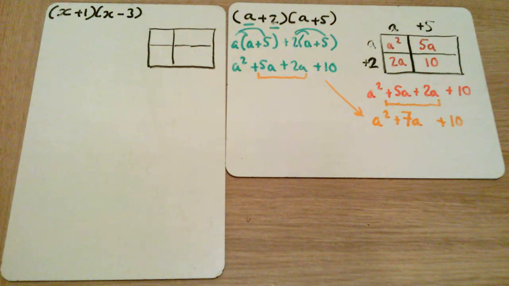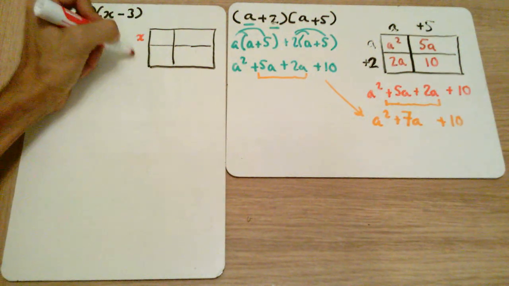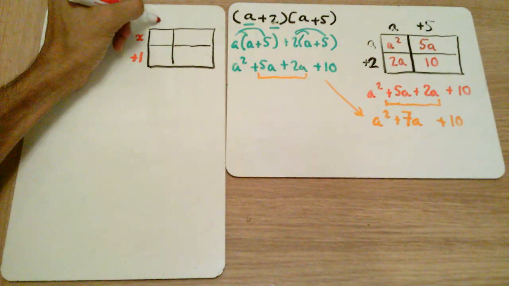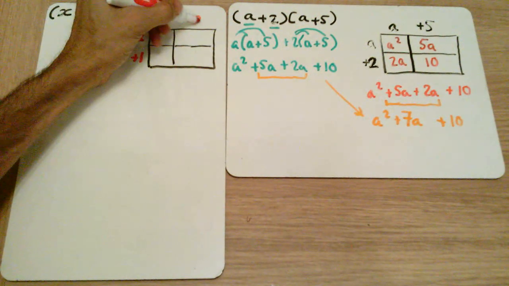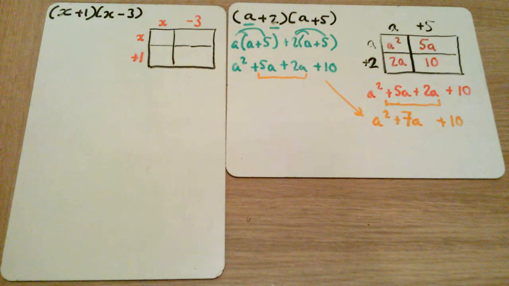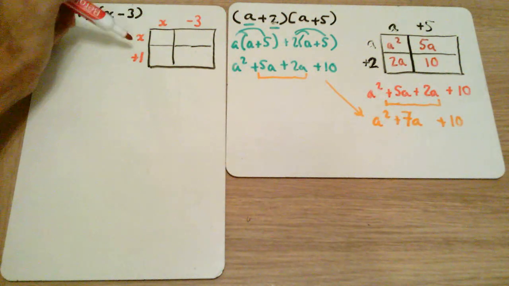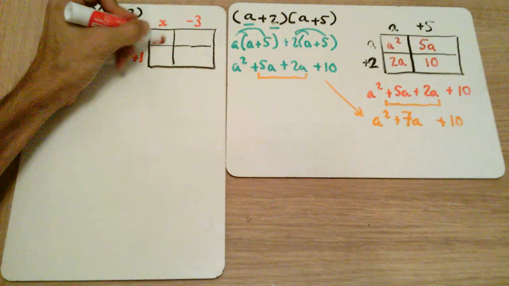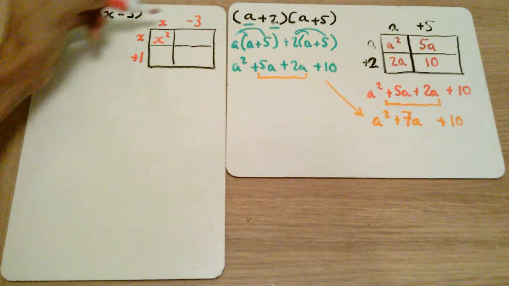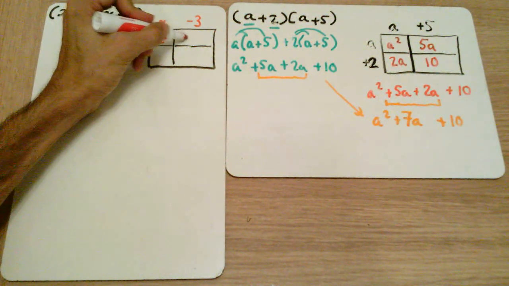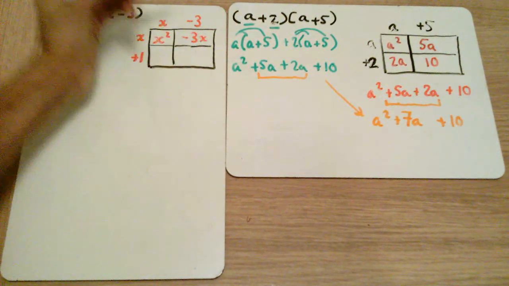So our starting point here, if we're going to use the grid method, is to fill in our grid, which is going to be x and then plus 1 and x and then minus 3. So we can see this time we actually have a negative involved. Now, we're still going to follow the same process. X times x is x squared. X times minus 3 is minus 3x.